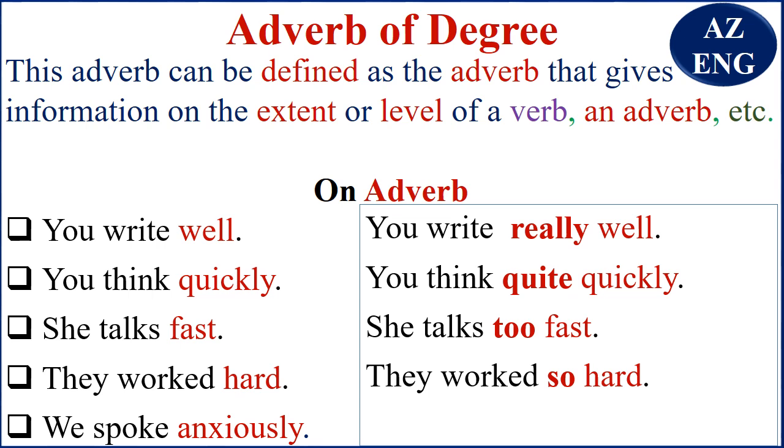So you see, anxiously is the adverb. Now in the example, we spoke very anxiously. The word very is the adverb of degree that modifies the adverb anxiously. So you see, our adverbs of degree here are really, quite, too, so, and very.